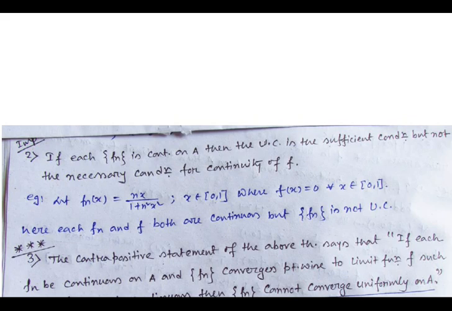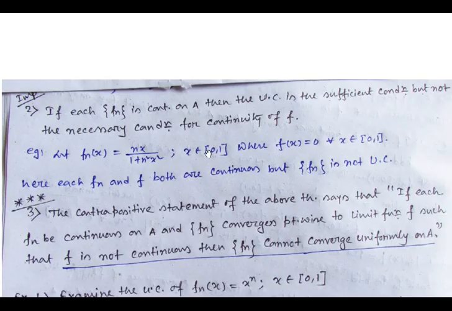Consider the same example that we have taken for the boundedness theorem. Each and every term is a continuous function. Also f(x) equals 0 represents the constant function, which is always continuous. So each and every term of the sequence of functions is continuous, and the limit function f is also continuous, though the sequence of functions is not uniformly convergent.